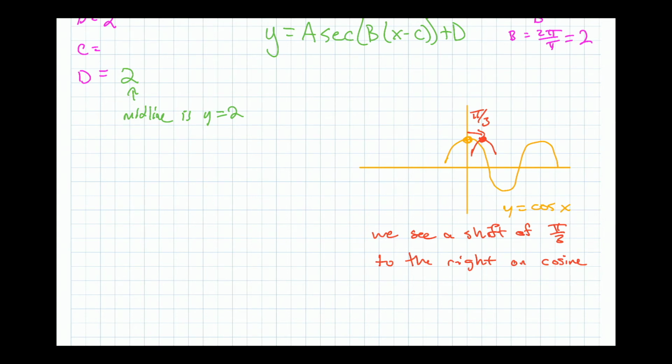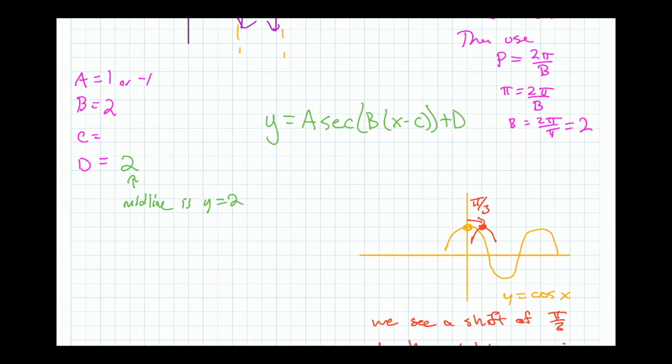So we see a shift of pi over 3 to the right on the cosine, and that means that the c is actually going to be negative. Well, not negative. The c is going to be pi over 3, but then in the form it'll end up negative. So you have to see that shift.